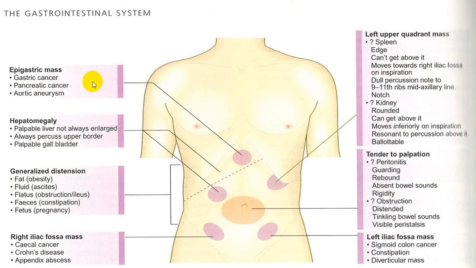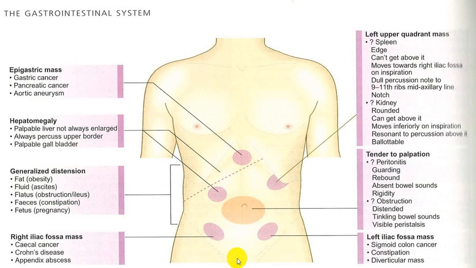These are all the different conditions which can give rise to palpable organ or palpable mass. At your leisure time, you can go through. You should be aware of a normal anatomical structure in those quadrants.